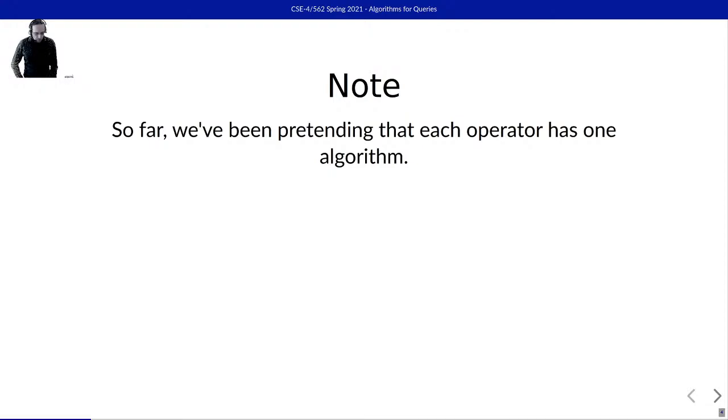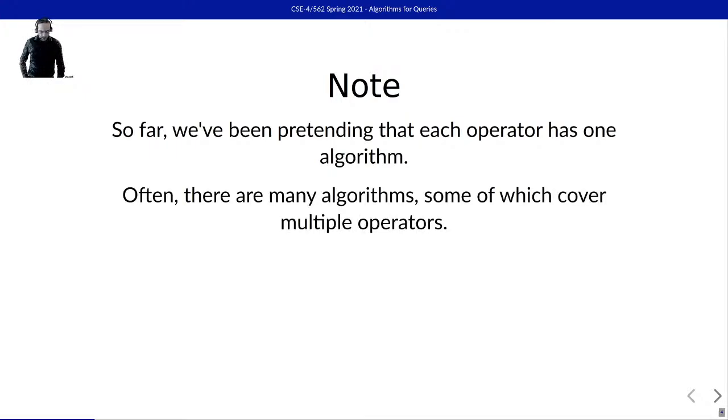Okay, one other note before we get into the algorithms themselves. So far, I've been sweeping something under the rug, lying a little bit. I've been pretending, at least implicitly, that every single operator has one algorithm associated with it, one canonical algorithm for every single operator. And in general, that's not true.